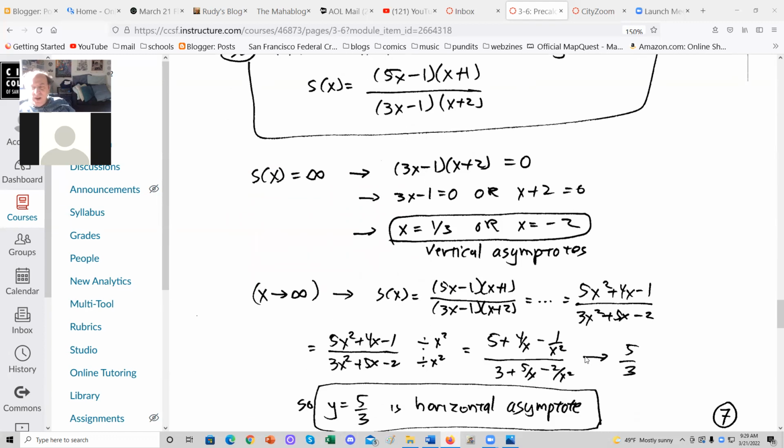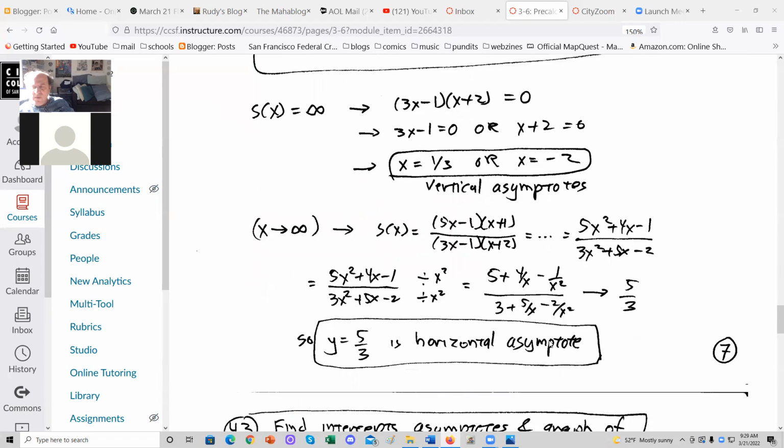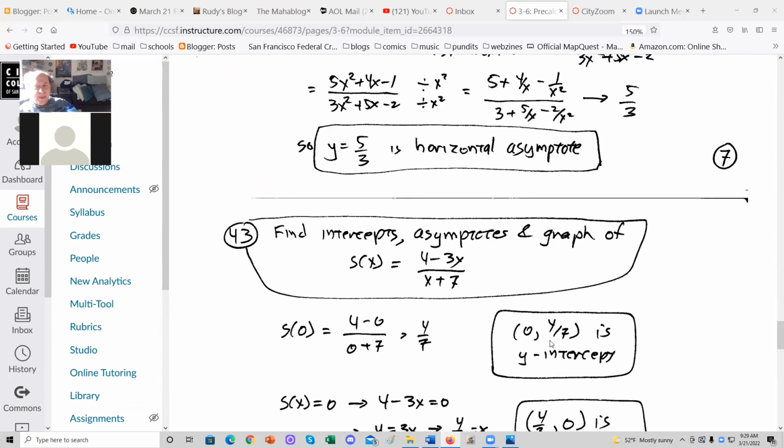So the one algebraic trick is to divide numerator and denominator by x squared, to eliminate as many powers of x as possible in both numerator and denominator. You get (5 plus 4 over x minus 1 over x squared) over (3 plus 5 over x minus 2 over x squared). Near infinity, all the over x and over x squared terms approach 0, so you're left with 5/3, and y equals 5/3 is the horizontal asymptote.